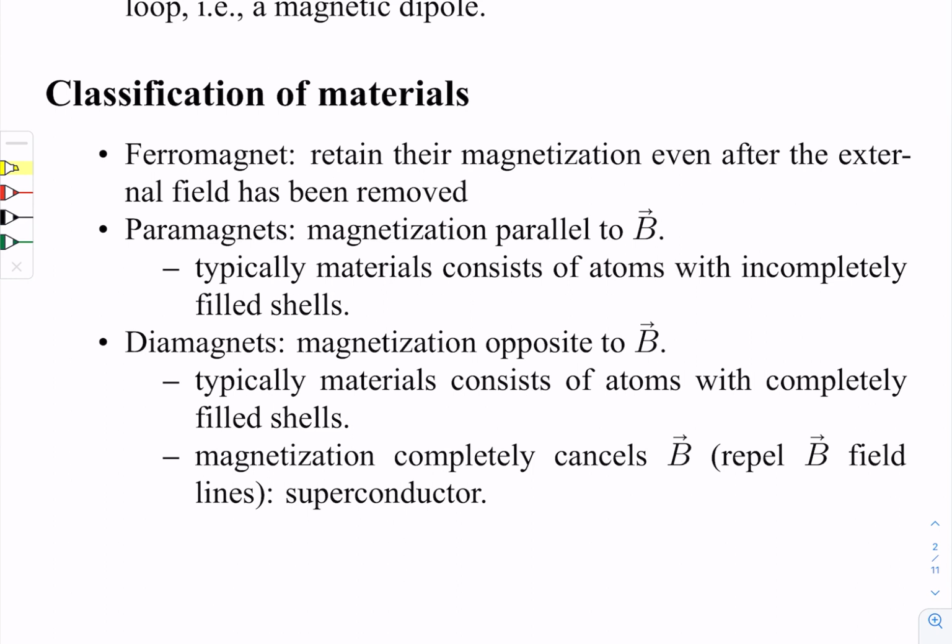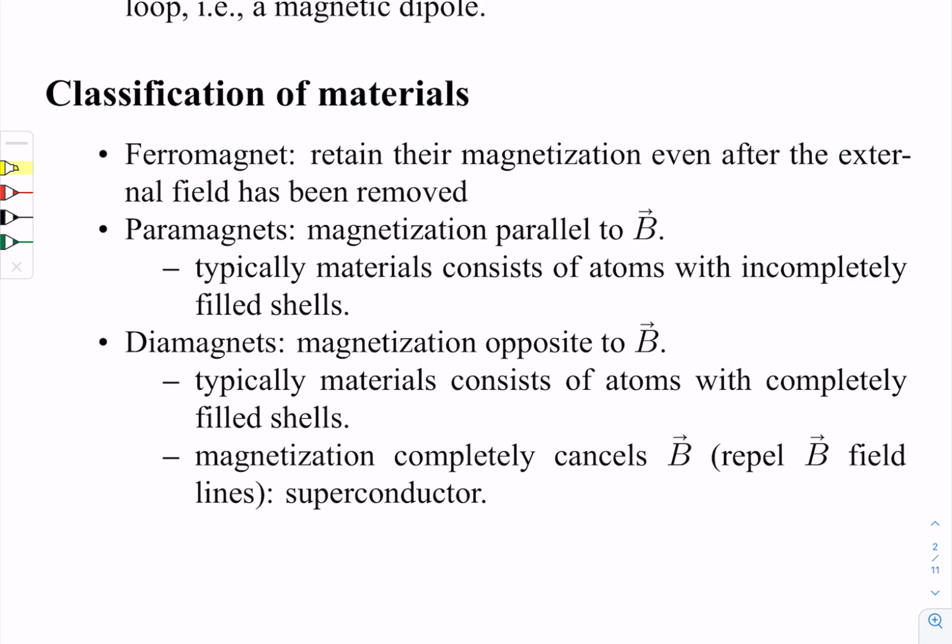I just talked about the materials that have incomplete filled shells. In this kind of material, there is at least one unpaired electron, and this unpaired electron has a magnetic dipole.